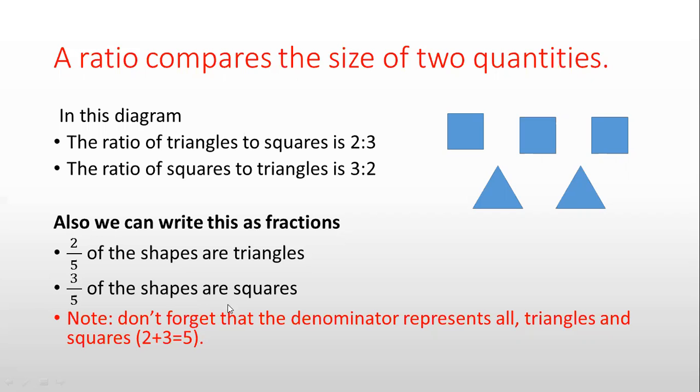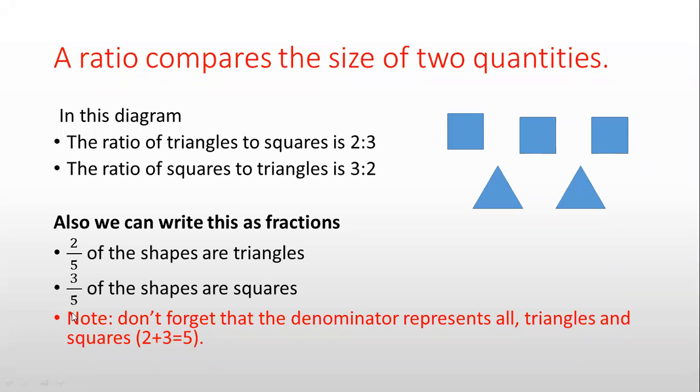Also here, if you write the ratio of squares as a fraction, I will write 3 over 5 of the shapes are squares. What does it mean? 3 of the shapes here are squares, related to the total number of shapes.